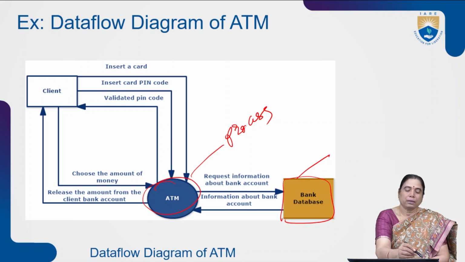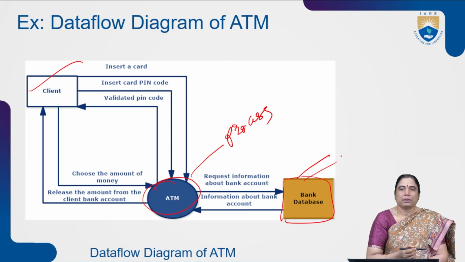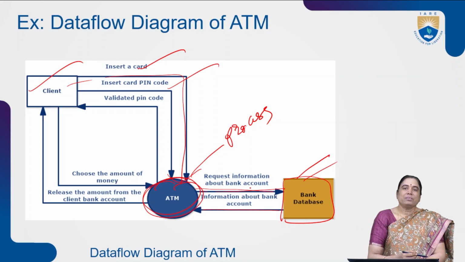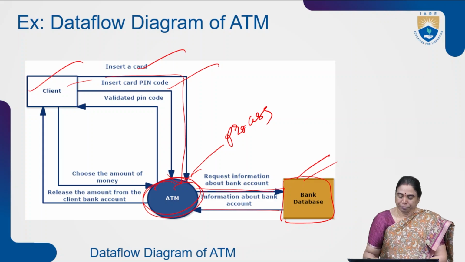Here the client and bank database are the external entities and the ATM is the process. The client must insert the card and pin code so that the ATM can verify the details and act accordingly. What input is given to the process, and how the information is transformed, is easily modeled with the data flow diagram.